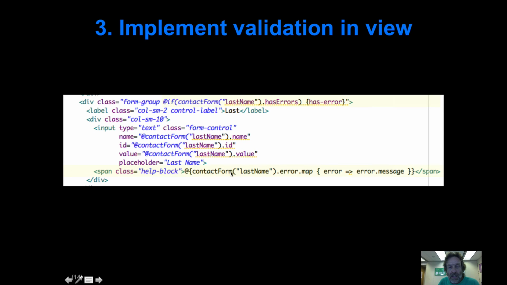We're going to take our contact form, find the last name field, and then get out the error of the error field, and there might be multiple errors associated with this particular field. So we're going to invoke a mapping function which is going to map individual errors into this error message string, which is then going to be the resulting value of this help block.